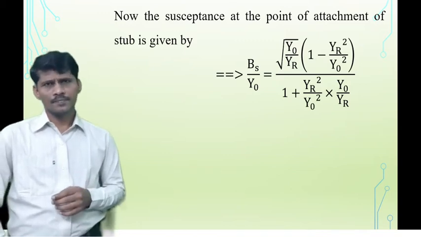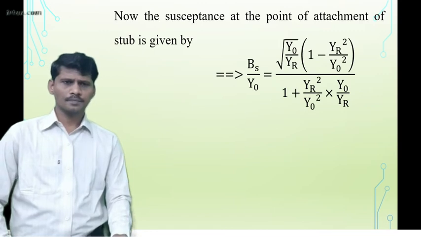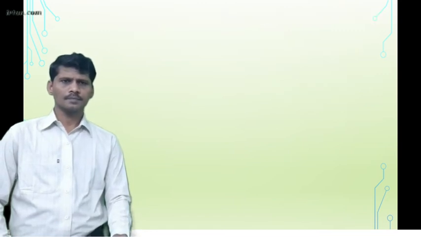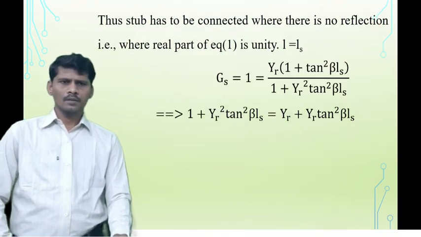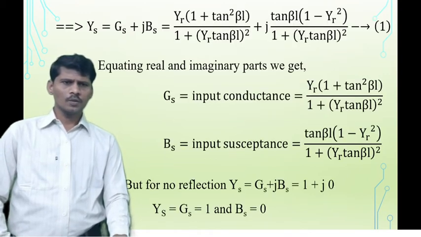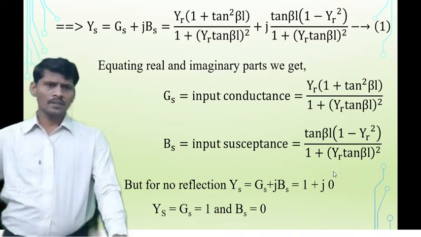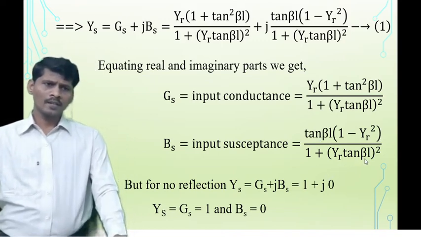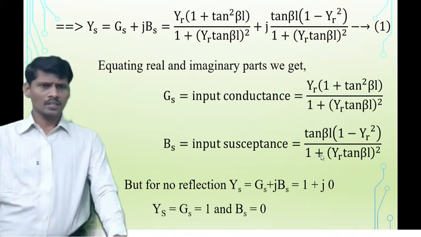Bs is equal to tan beta L into 1 minus yr square by 1 plus yr square tan square beta L. So this is the input susceptance, that is the imaginary part.